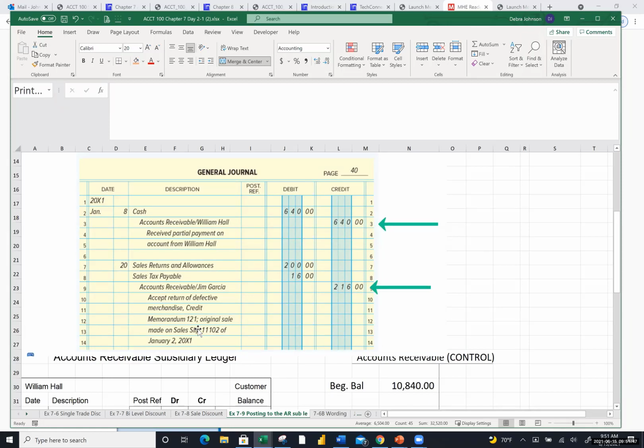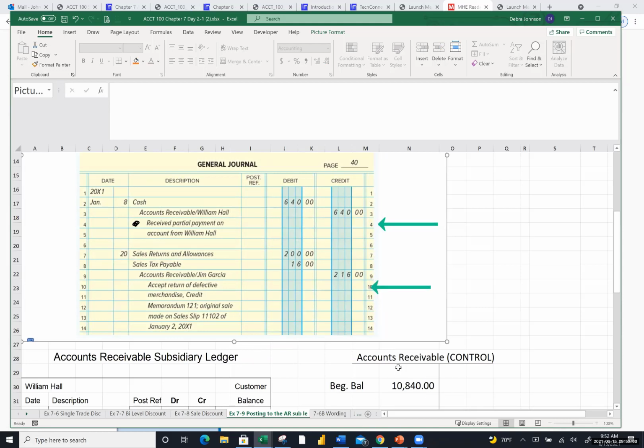When you see accounts receivable from here on out, there will be 2 required postings. One to the subsidiary ledger, one to the controlling account, accounts receivable, like you've always done. And the second new one is going to be to find this person's card, William Hall's card, and do a second posting. And at the end, we'll have to balance it out. We'll have to show that the sum of the parts equals the whole.